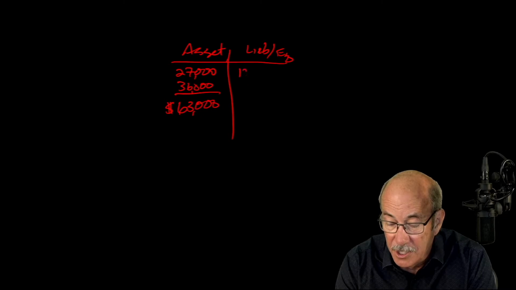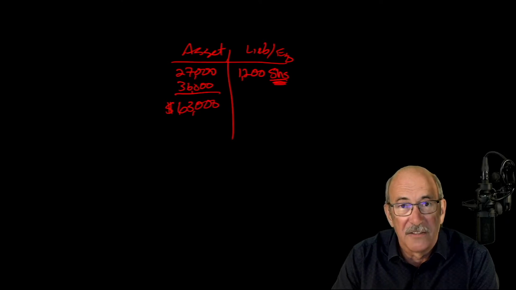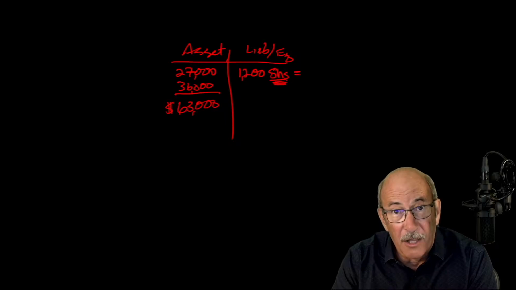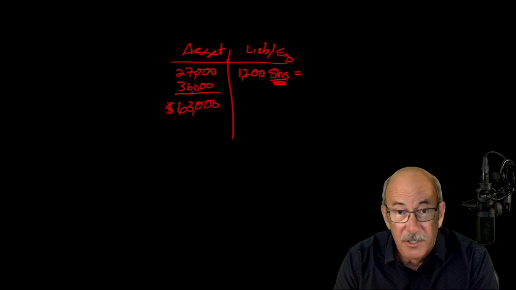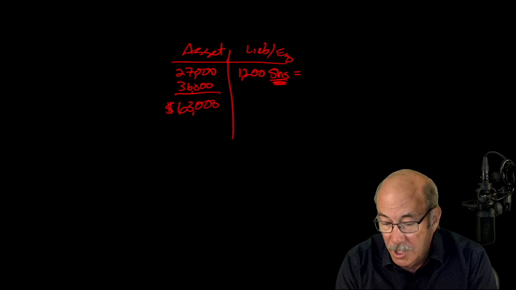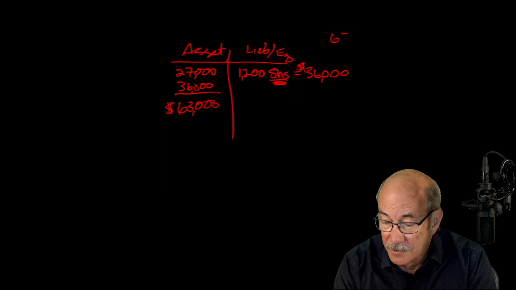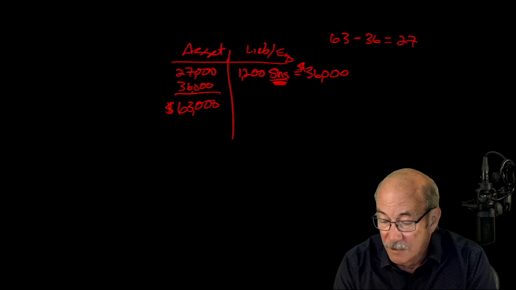The liability is those 1,200 shares, and it's important to remember that it's denominated in shares. We can calculate the dollar value of that right now simply by multiplying by the current price. So that dollar value is $36,000. And then assets minus liabilities, 63 minus 36, is our equity stake of 27.